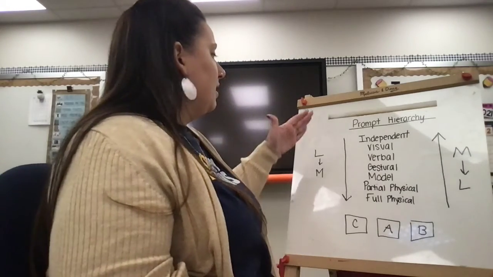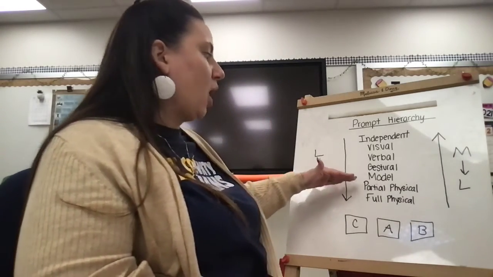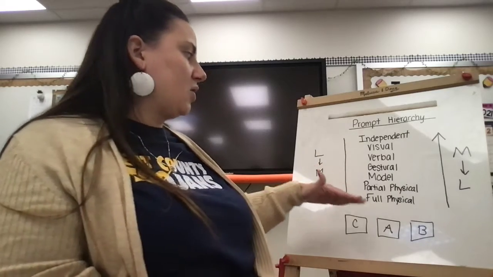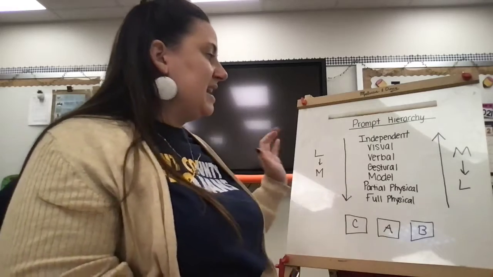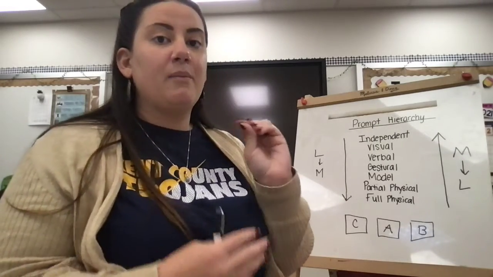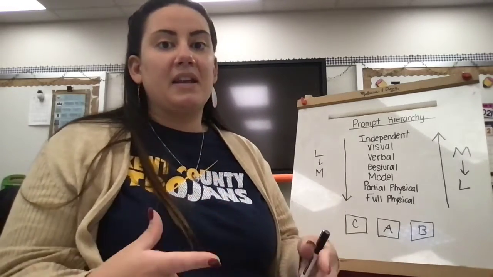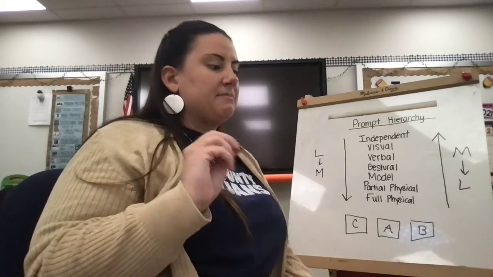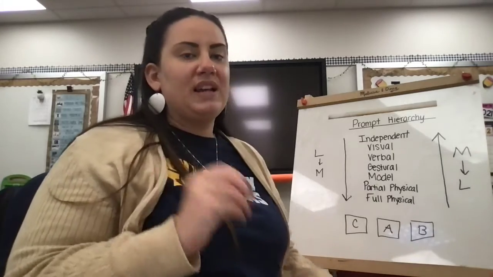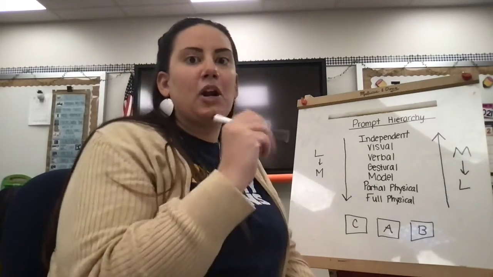Okay. Next down on our ladder is partial physical assistance. So this prompt is pretty self-explanatory. You are partially helping them with your body. So you are physically touching the child or the client, but you're partially doing it. So let's say we are trying to write our name.